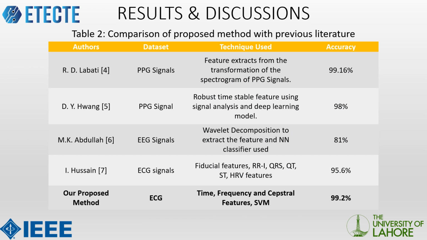Here is table 2, which illustrates the comparison of our proposed methodology with previous literature. As we can see, Liberty used PPG signals as dataset and achieved 99.16% accuracy, Huang used PPG signals as dataset and achieved 98% accuracy, Abdullah used EEG signal for dataset and achieved 81% accuracy, and ECG signal was used by Hussain who achieved 95.6% accuracy.